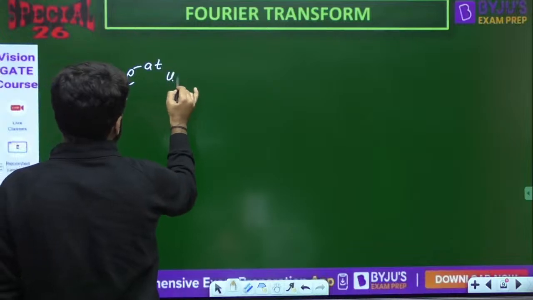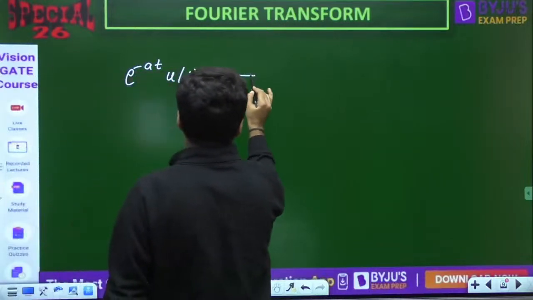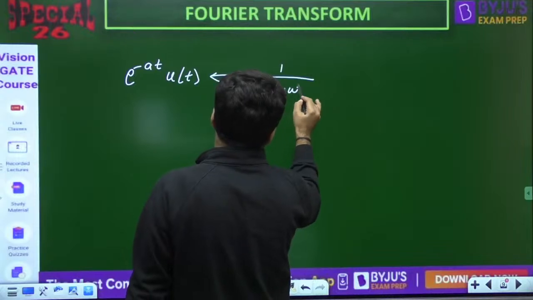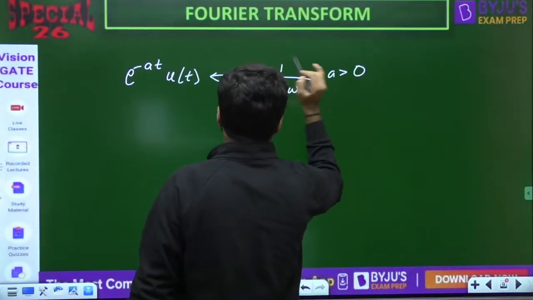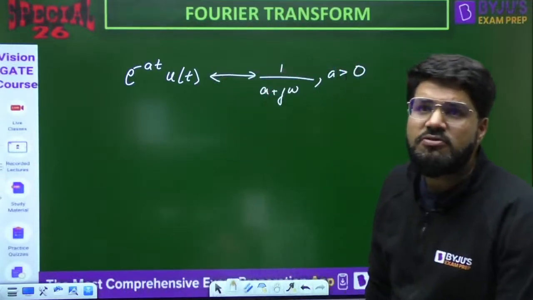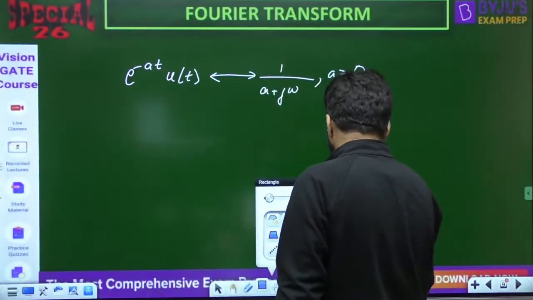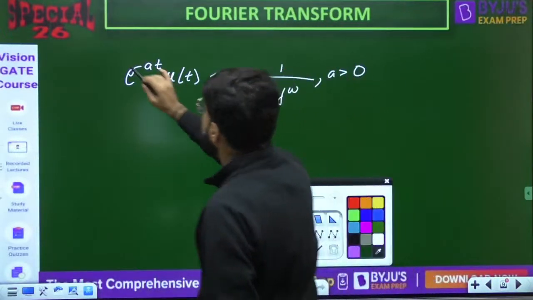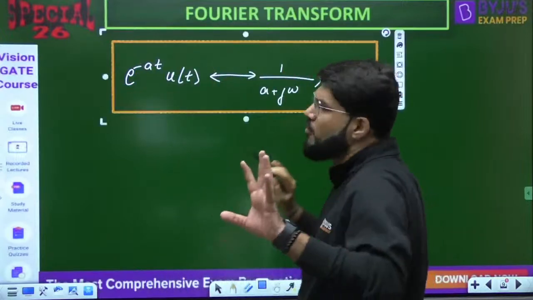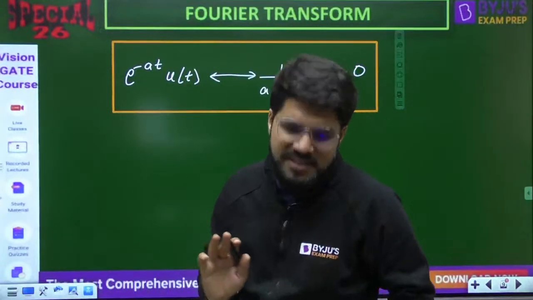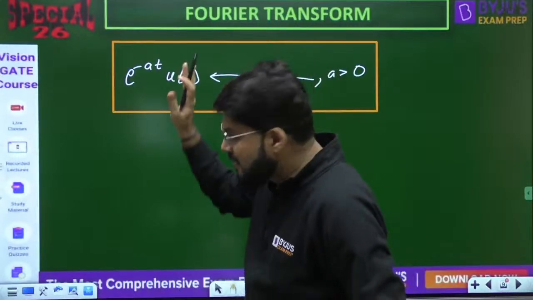Now, in exam time, you don't have to derive this formula. There is a list of Fourier transform formulas that everybody must remember, and I will tell you that list also, if you really want to score from this topic. Not every formula can be derived in exam time. Not every formula needs to be remembered either, but there is a set of formulas which is expected to be remembered, and I'll give you that list.